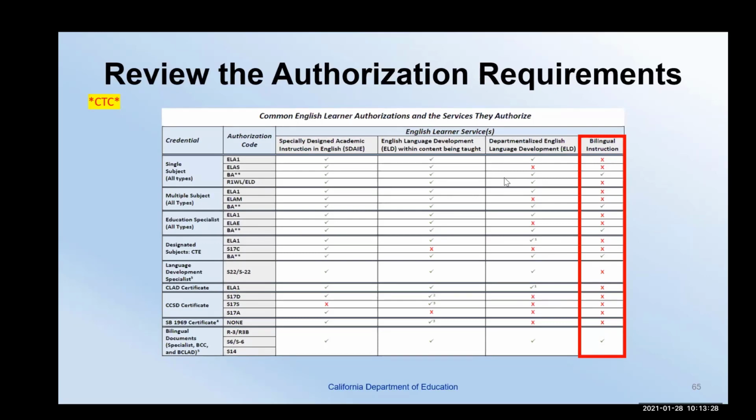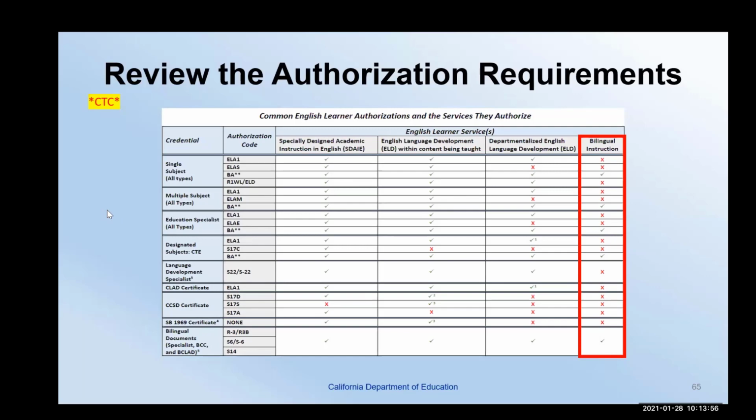So we scan for the language of instruction as well as the bilingual authorization. So again, this chart, we just want to draw your attention to the bilingual instruction column at the end. There are fewer options here, and all of them have asterisks in the authorization code as placeholders for the target language. So I just want you again to note that they have to be issued in the target language for the assignment to be appropriate.